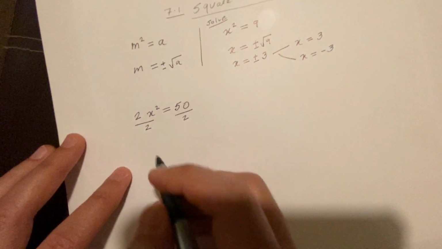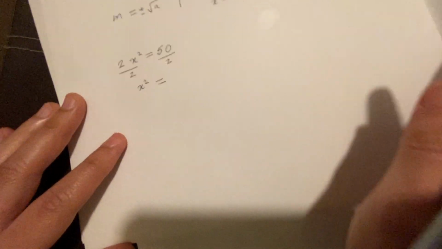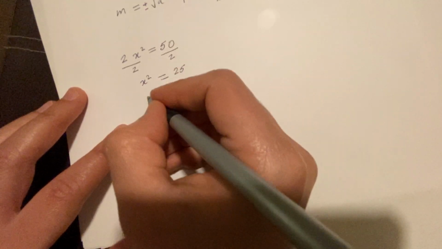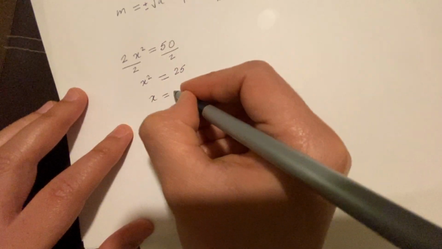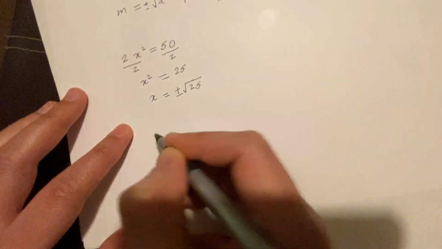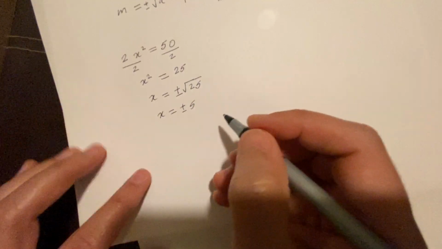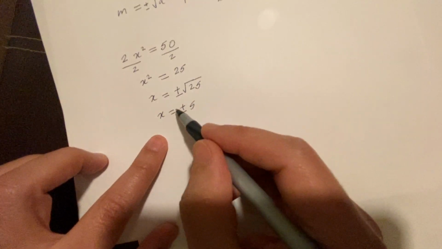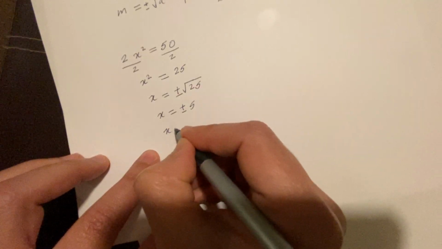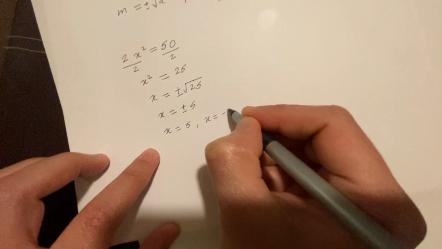Then on the left hand side we get x squared equals 25, and x equals plus minus square root of 25, right? So x equals plus minus 5. You can leave your answer like this, or if you want, you can write x equals plus 5 and x equals minus 5.